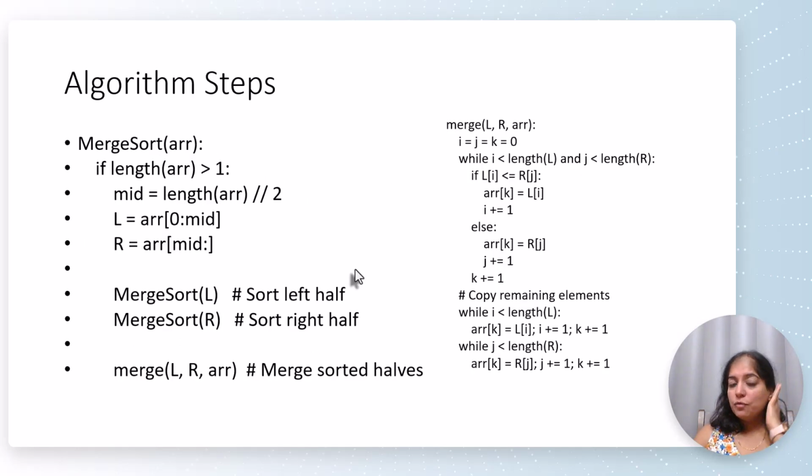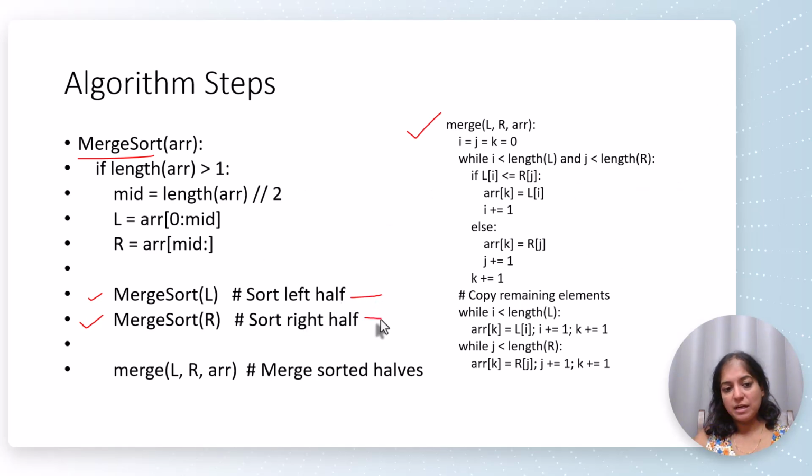So we have two functions here. One is merge sort and one is the merge. These two calls in merge sort are used for splitting the array into half recursively. This one is for the left half, this one is for the right half, and this is for the left half and this is for the right half.